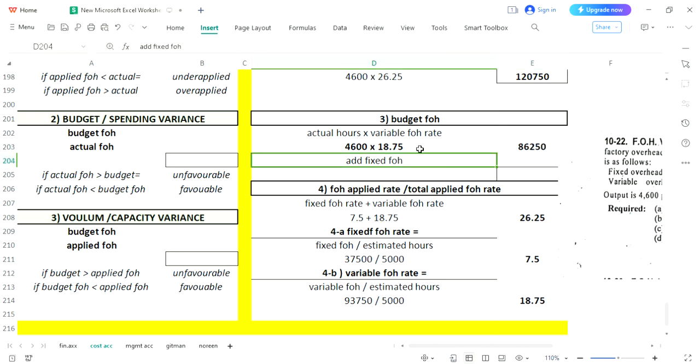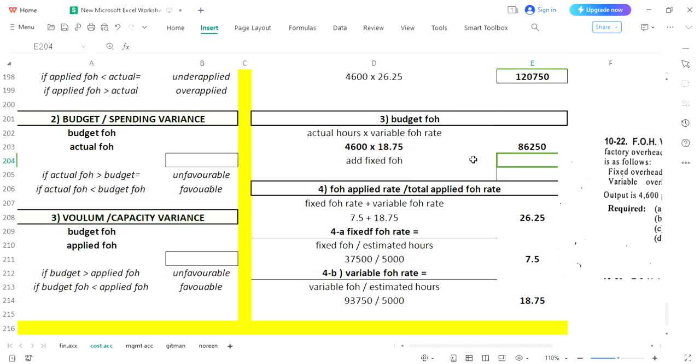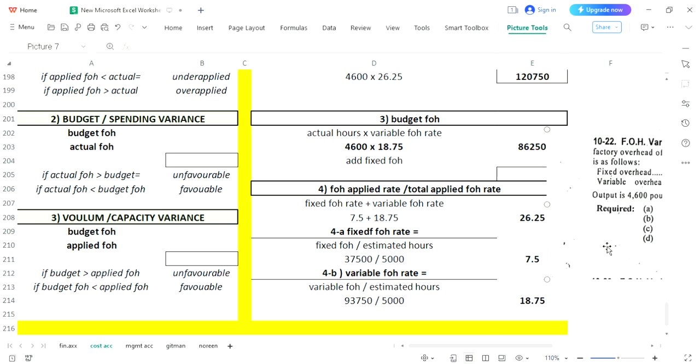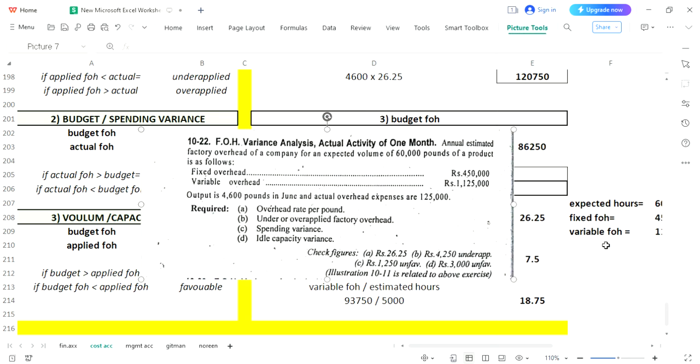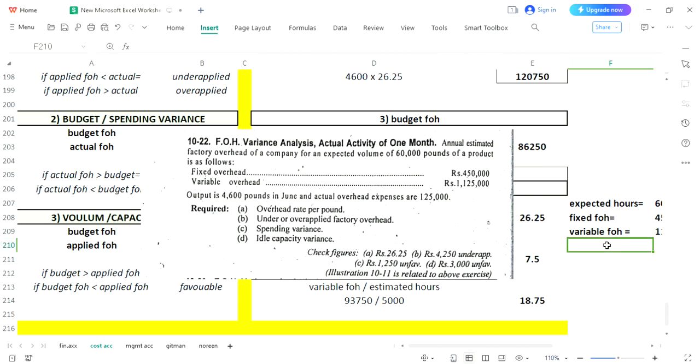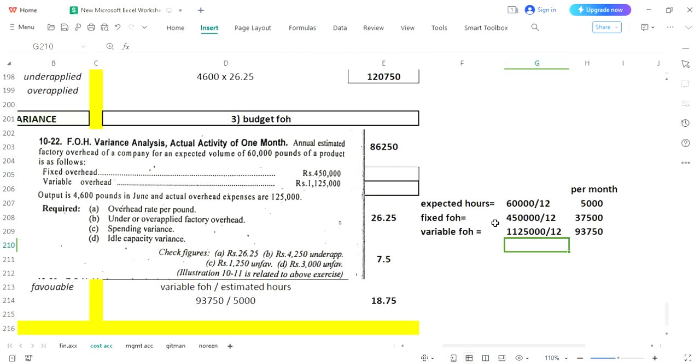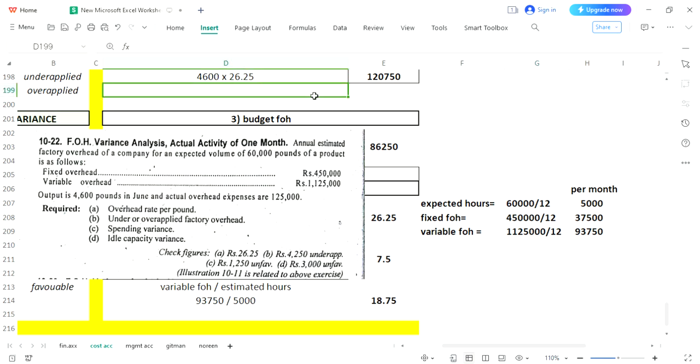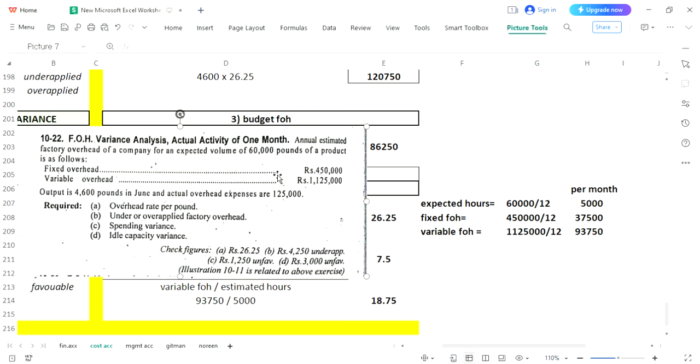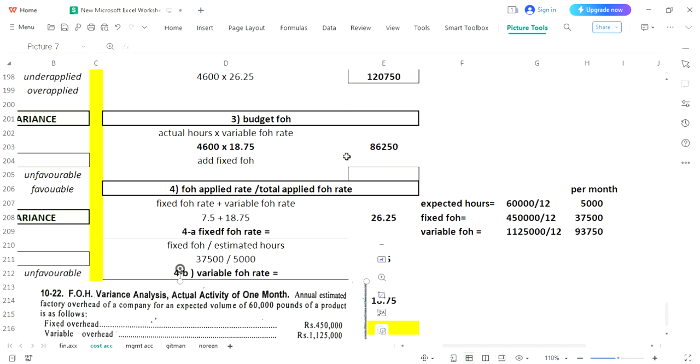We need to add fixed FH, and we already know that this is fixed FH, 37,500. How did it arrive? As you know, we have changed our amounts to per month, which is present over here. You can see fixed FH was 4,50,000 per annum. You have divided it by 12 to get your fixed FH per month. 37,500 was your fixed FH, and you will write it over here.